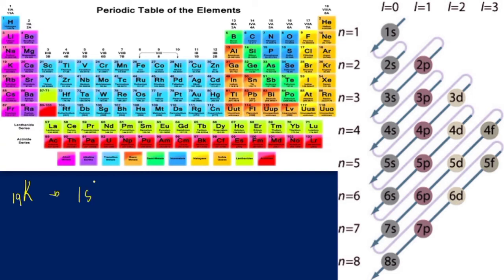So that would be 1s2, 2s2, 2p6, 3s2, 3p6. So this will be 12 plus 6, that would be 18, then that would be 4s2.